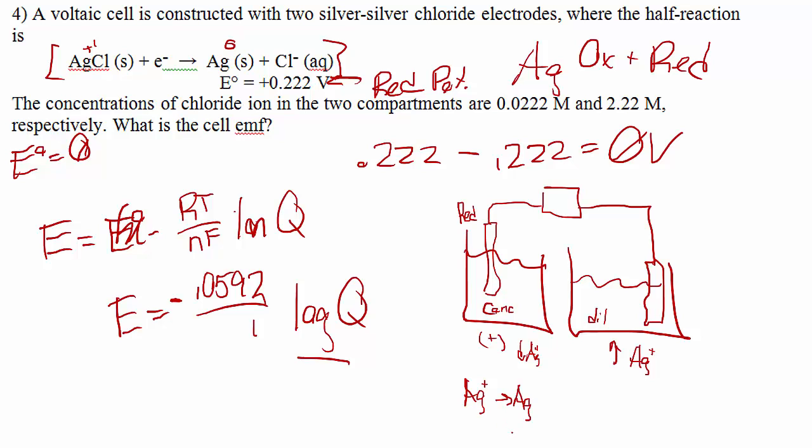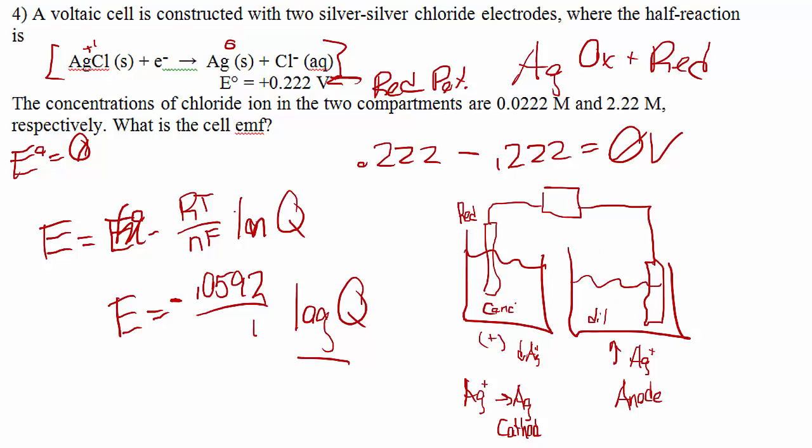So that is going to be our cathode, right? So our cathode is our concentrated side, and the dilute side is going to be our anode. So we have Ag plus becoming Ag0 in our cathode, and Ag0 becoming Ag plus in our anode.